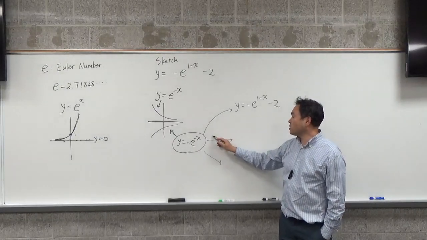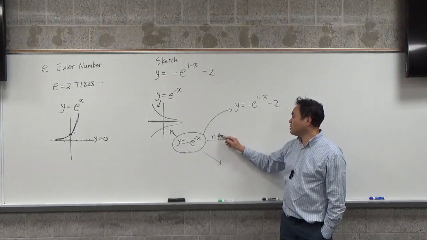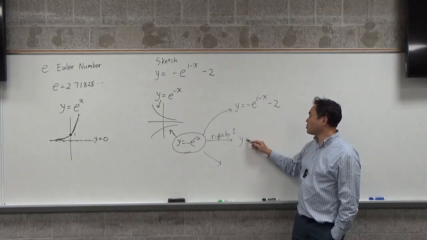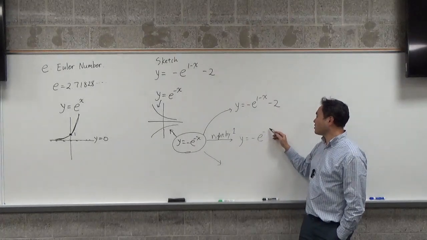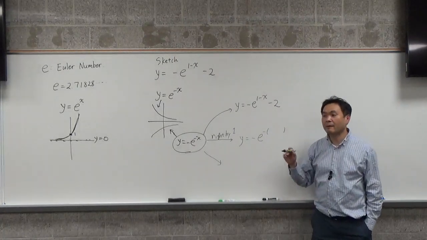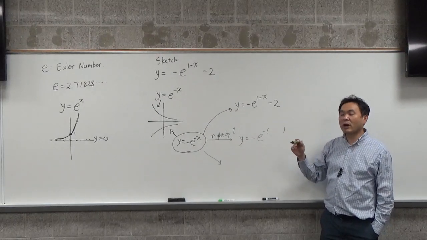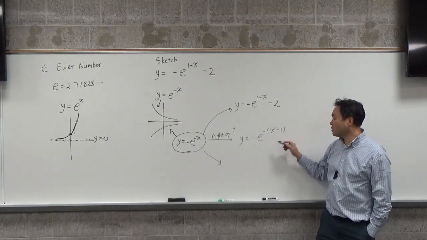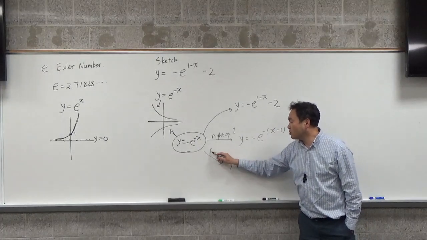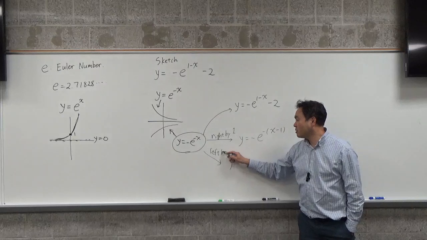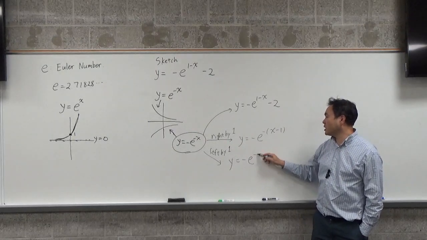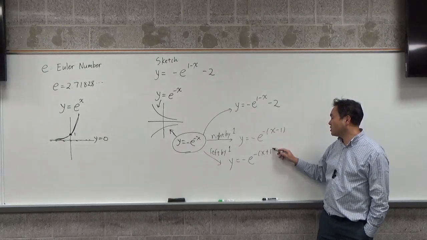So if you did right by 1, what are you supposed to replace x by? To go right by 1, what do you do? X minus 1, right? Okay, if you want to move left by 1, you do y equals negative e to the negative x plus 1, right?